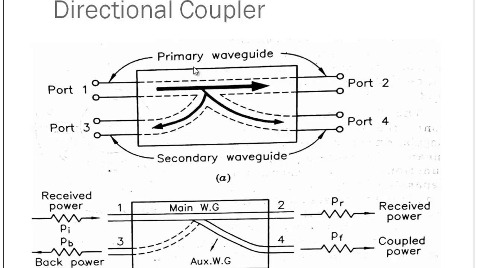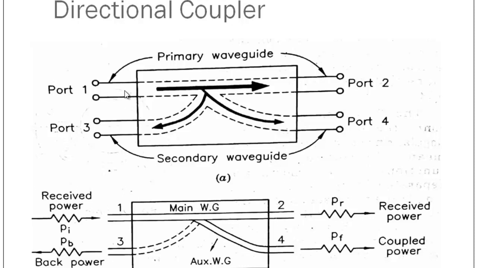The primary waveguide is also known as the main waveguide. There is no difference between the primary waveguide and the main waveguide, and no difference between the secondary waveguide and the auxiliary waveguide. Both pairs are the same.